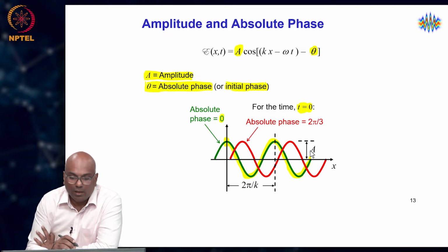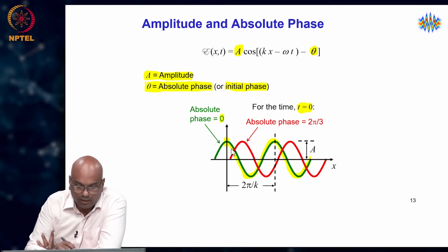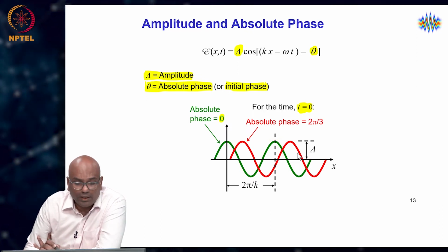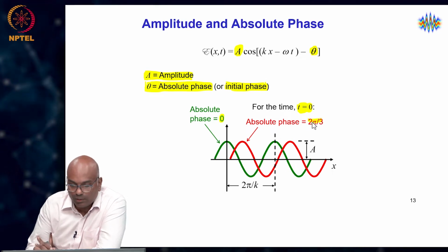Okay. Now, let us consider another example, that is the scenario where the initial or absolute phase has a value 2 pi over 3.